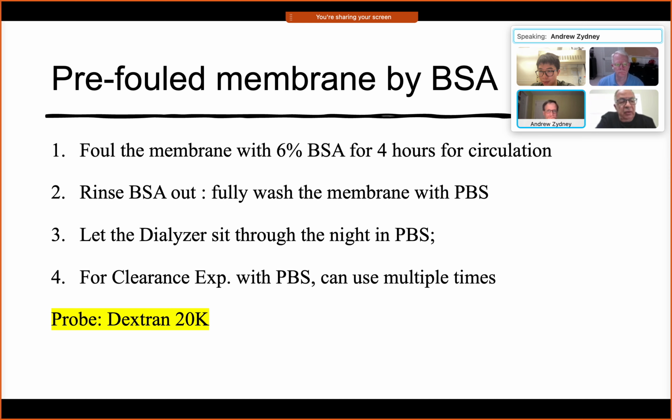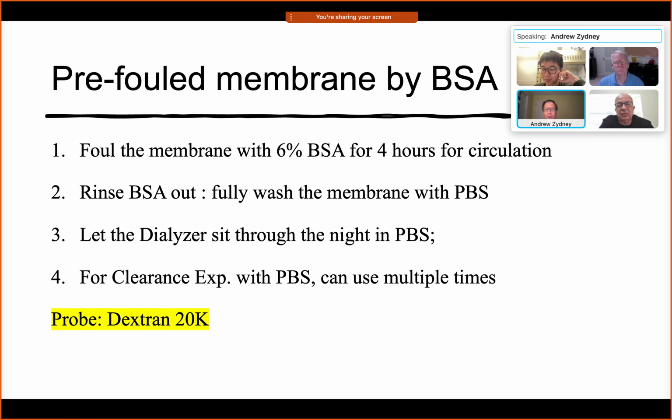And Andrew, cellulose triacetate is probably low flux, or it's not, it's more mid-flux. You would expect to see less of a convective contribution because it is mid-flux, but that's the nature of a homogeneous membrane.